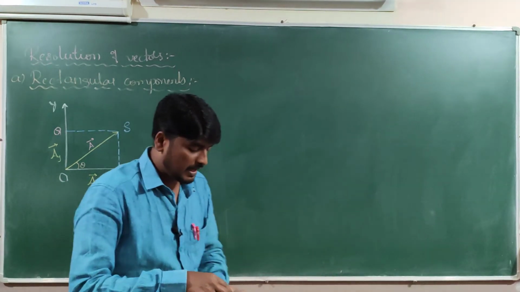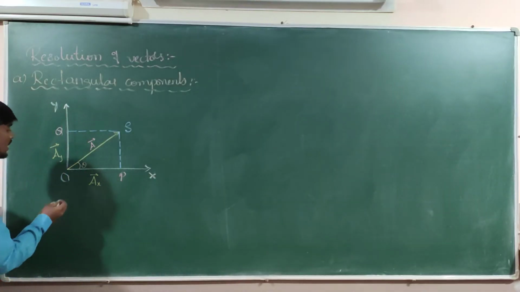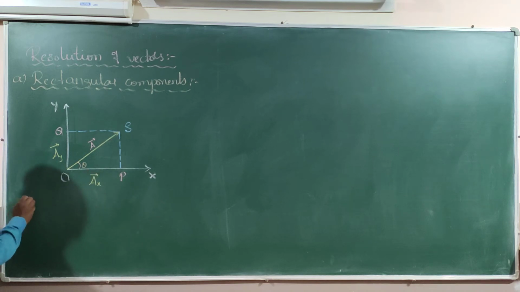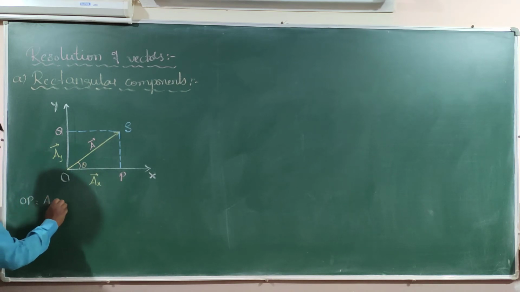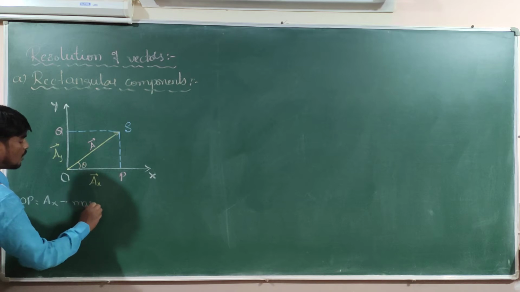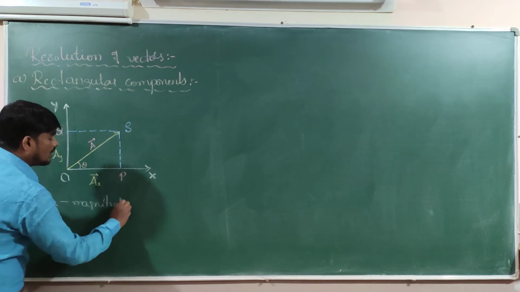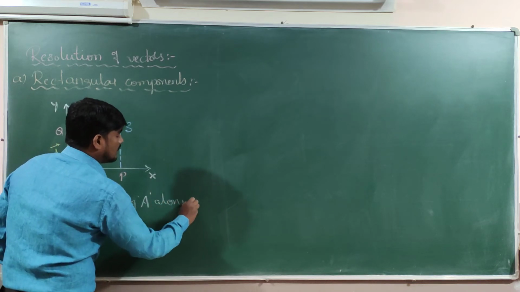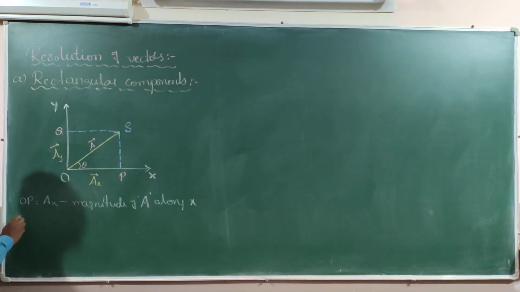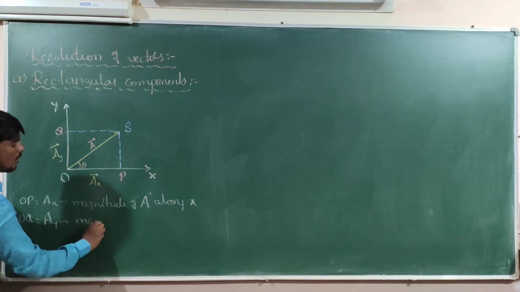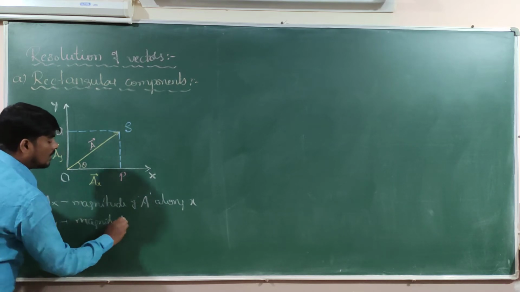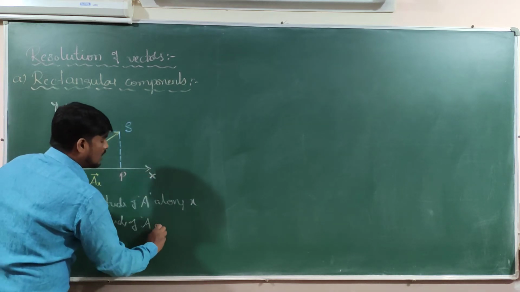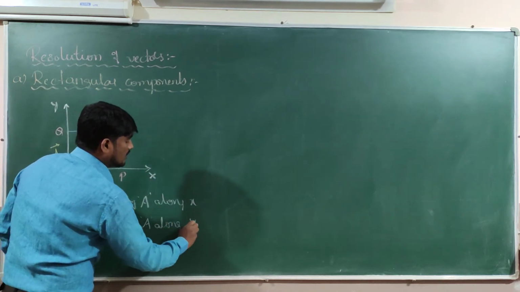How? Let us start one by one. I am taking OP equal to AX, the magnitude of A along the x-axis. Similarly, OQ is equal to AY, the magnitude of A along the y-axis.